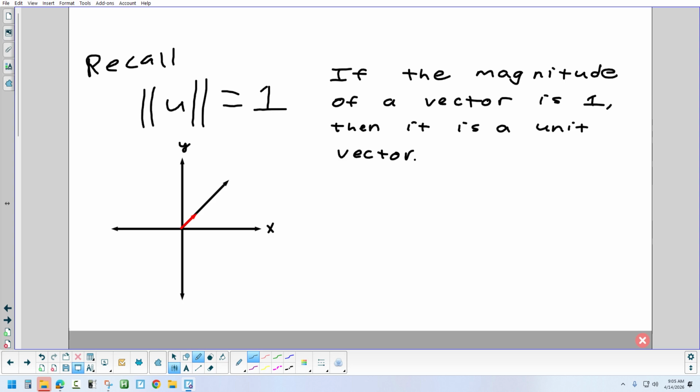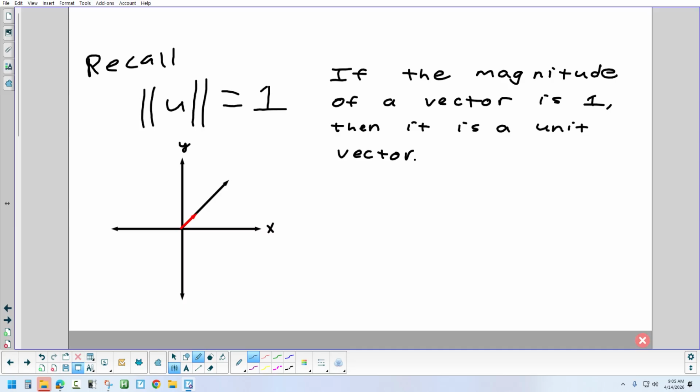Does anybody know what you can scale a vector by, a formula that will force the length to always be 1? Like the reciprocal? The reciprocal of what? The reciprocal of the length. Yeah, the reciprocal of the length.